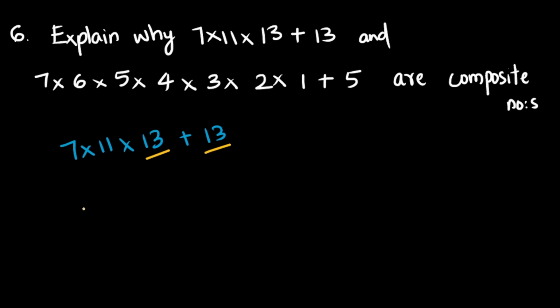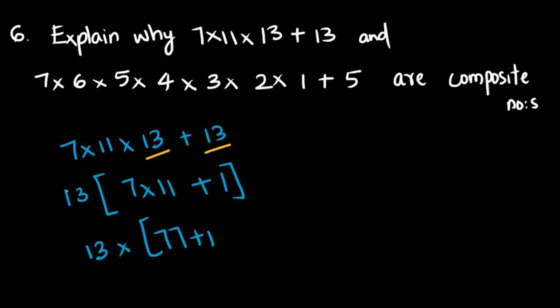So I'll take one 13 common outside. When I take one 13 common outside, I have 7 into 11 plus 1. When I take the 13 outside, 13 ones are 13, right? So 13 into 77 plus 1, that is 13 into 78 you will get, right?